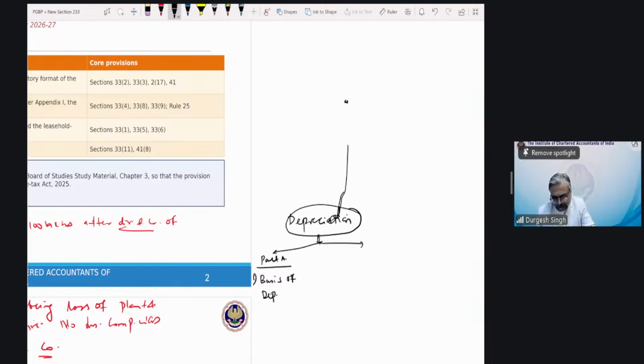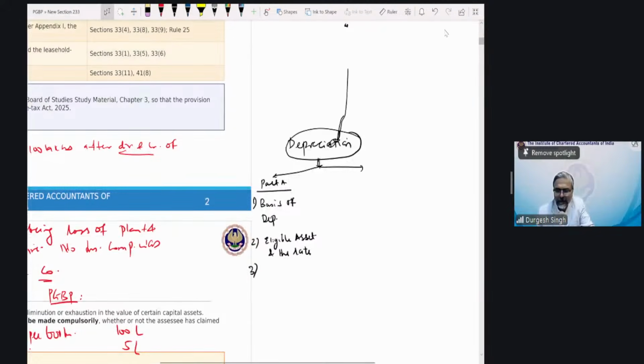The second is the eligible asset and the rate.